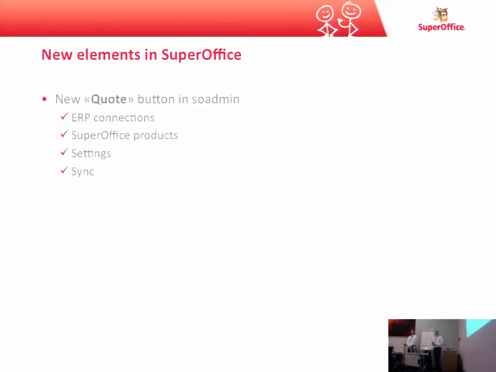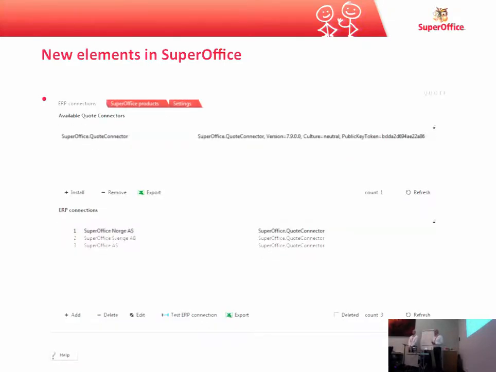Then you have the settings tab, we have the general settings for quote. You can specify here if you want to allow a discount on total value, not just on the product specifics. You can also set the settings for the different sale types in your database. And you have one field where you can change all the ERP specifics, which is defined in this dialog.